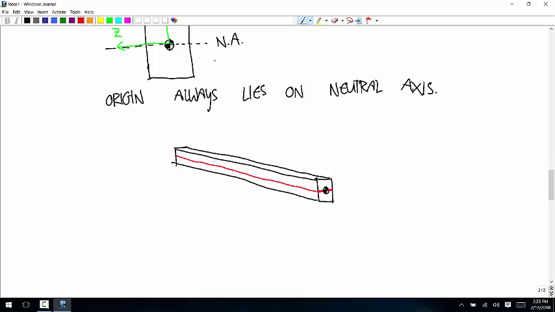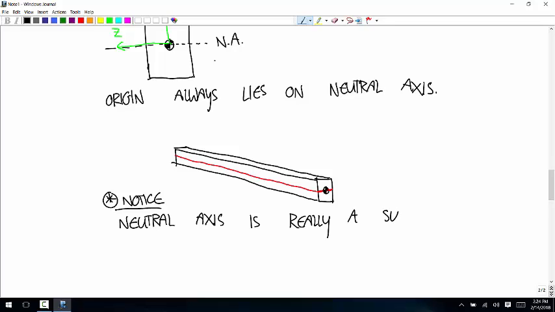And I bring that up because when I introduce the formula, we're going to have to picture the neutral axis from that side view instead of from the cross-section view. So notice the neutral axis is really a surface.